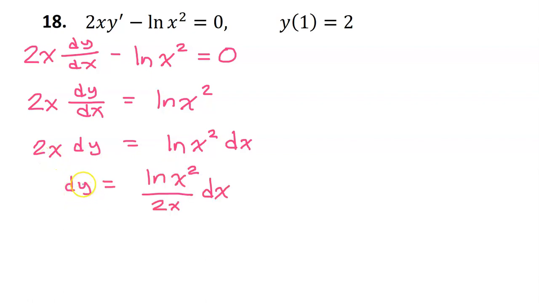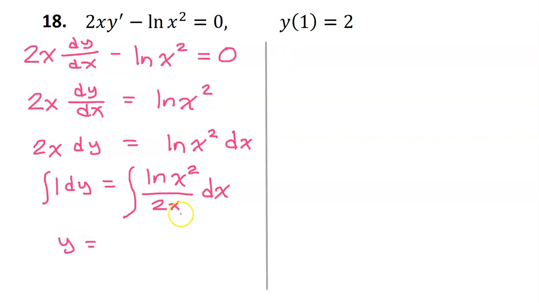Now that we have all of the y's on the left and the x's on the right, we can integrate both sides of the equation. Integrating dy is like integrating a 1. So the antiderivative will just be y. To integrate the right-hand side, let's use u substitution. Let's let u equal the numerator, natural log of x squared.